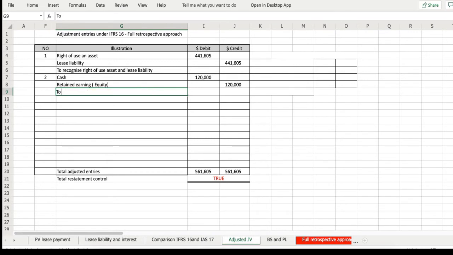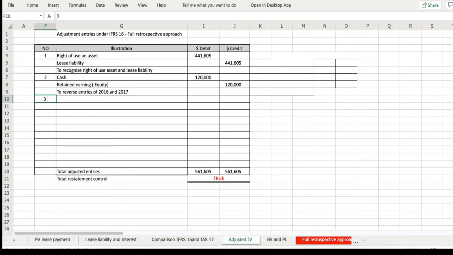To reverse the interest of 2016 and 2017. The third entry: we need to account for the lease payments before 1 January under IFRS 16.